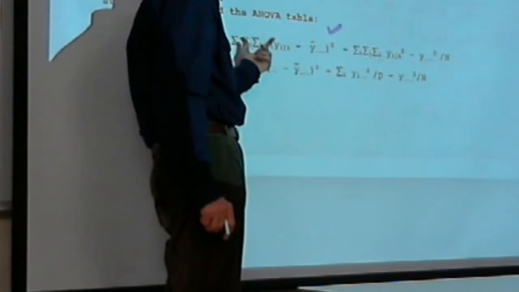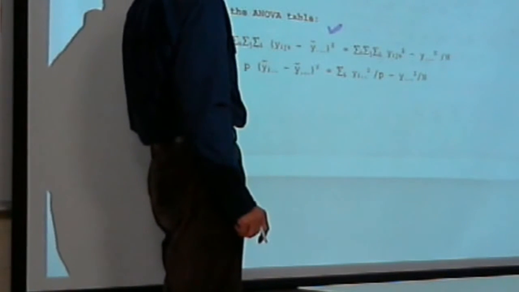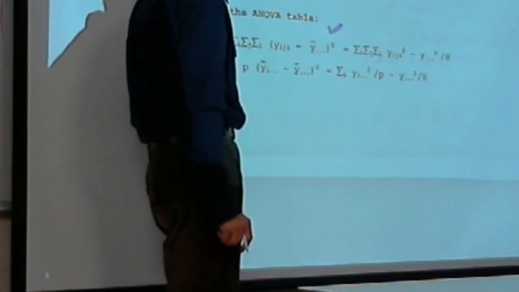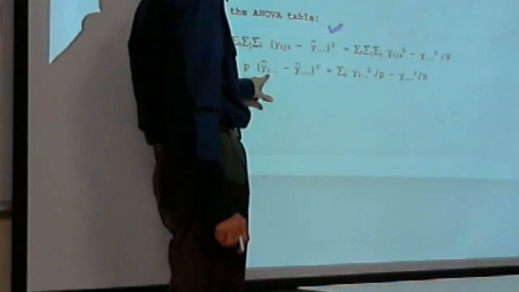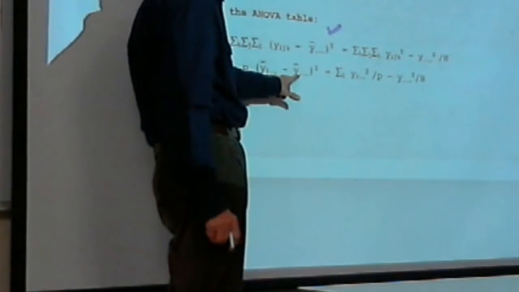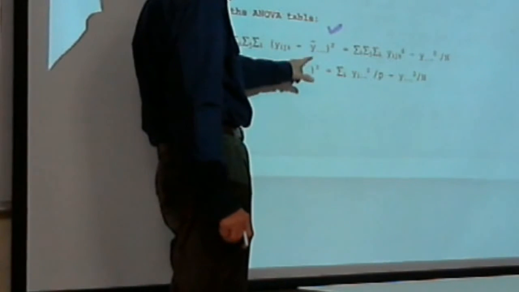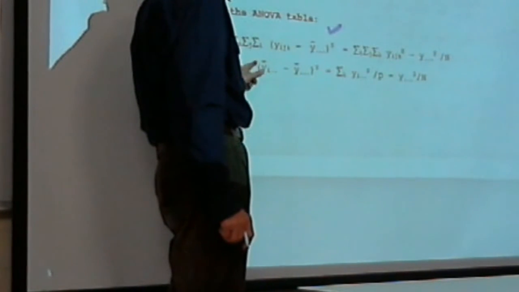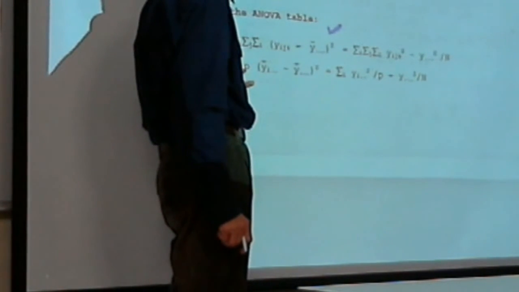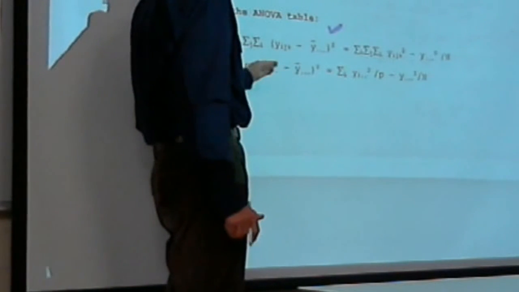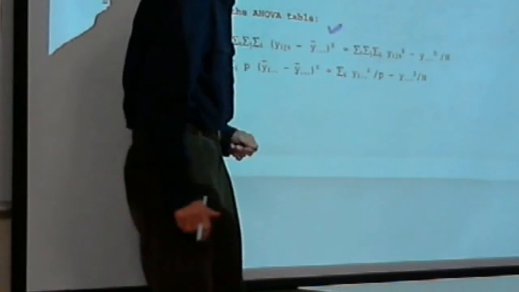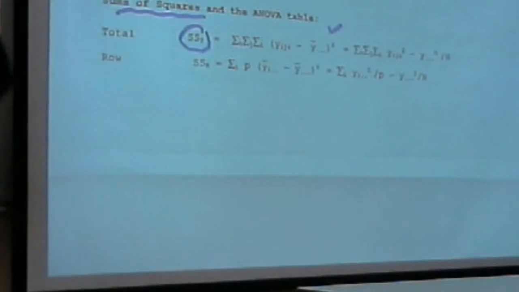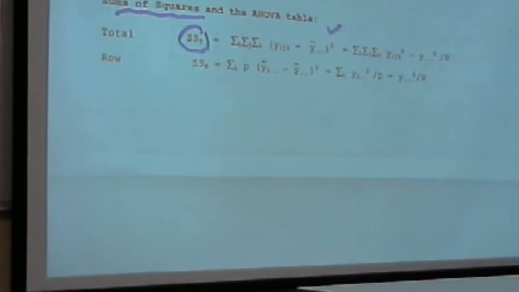Square those differences and add them up. Sum of squares total. Sum of squares R for rows comes out to be this kind of thing. Here's the mean in the ith row, the overall mean. Square those differences, and there's a coefficient here of p. So sum of squares rows follows that kind of a formula, and then it continues on the next page further.